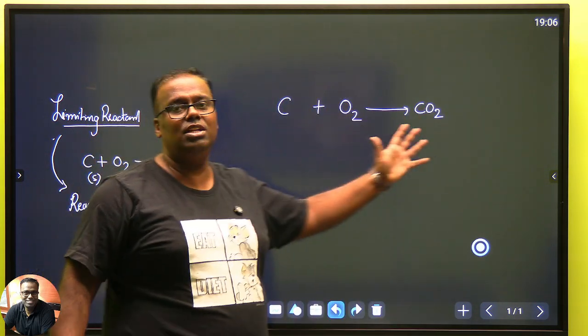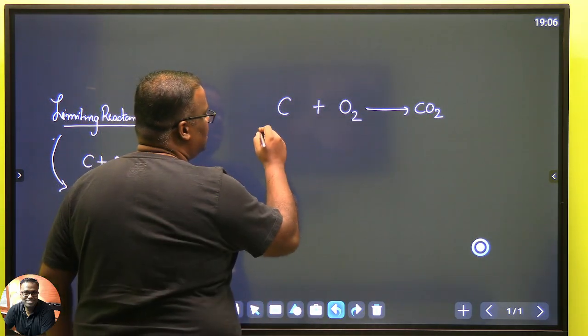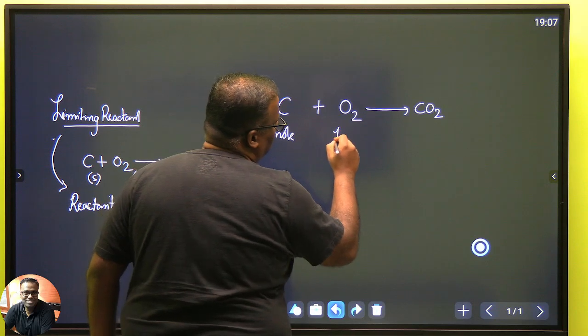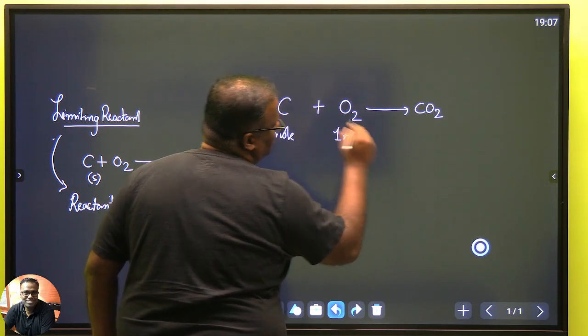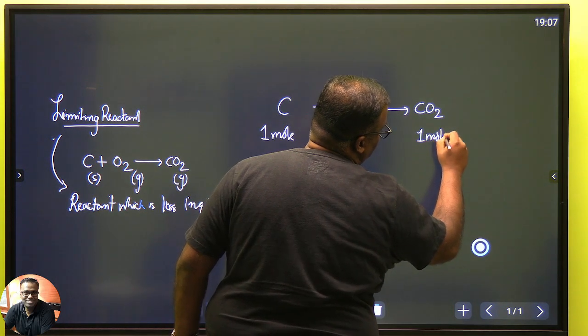This reaction in chemistry has nothing to do with mass. Actually, how is the reaction? 1 mole carbon reacts with 1 mole oxygen gas to give you 1 mole CO2. Did you understand?